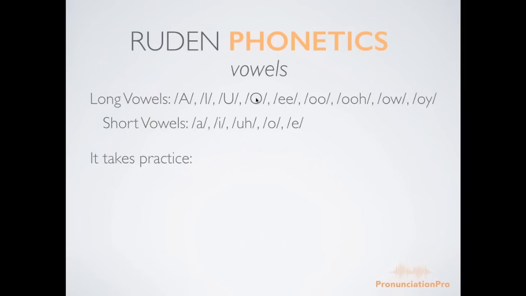So I'm going to go through and think: it, short I. Takes, I'm hearing that A sound in there, so long A. Practice, the first vowel is a short vowel, short A. And then short I. The way I wrote it out was short I, and then a dash because it's the next word, long A, dash, and then short A and short I for that phrase.